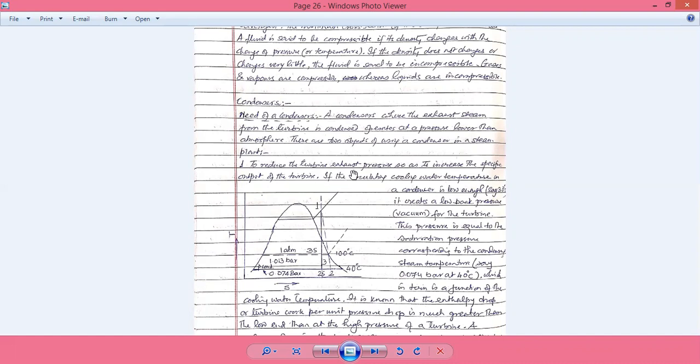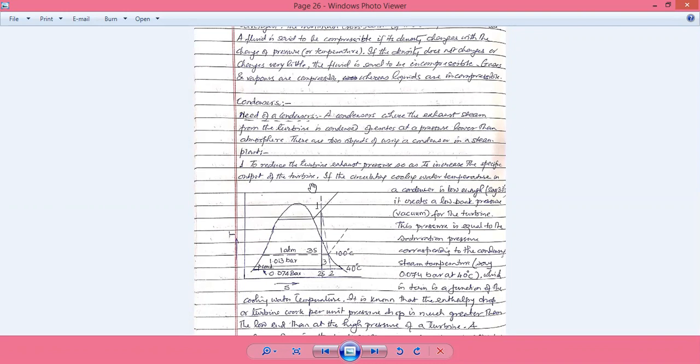Turbine exhaust pressure: the turbine receives steam at high velocity and low pressure, and still it can exhaust this vapor at atmospheric pressure itself. But reducing the turbine exhaust pressure increases the specific output of the turbine.